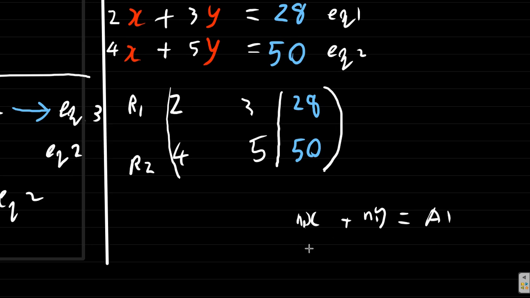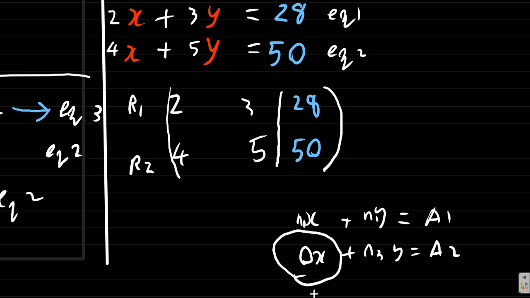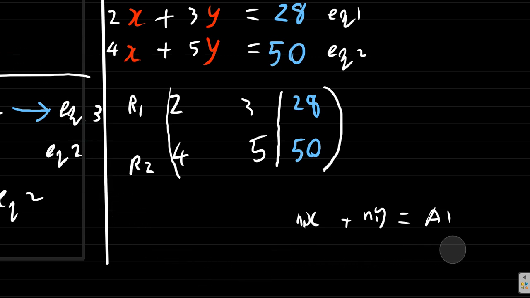Then we have 0x, no x, plus a number y equal A2. You eliminated x when you do this. So you might consider row 2 as having a higher rank than row 1 because more work was done on row 2, because you eliminated one of the variables. So you're looking at echelons or classes of the amount of work done on each row. Row echelon form.